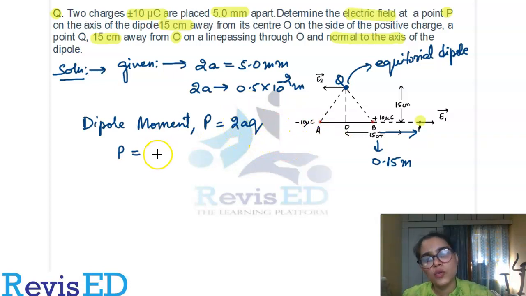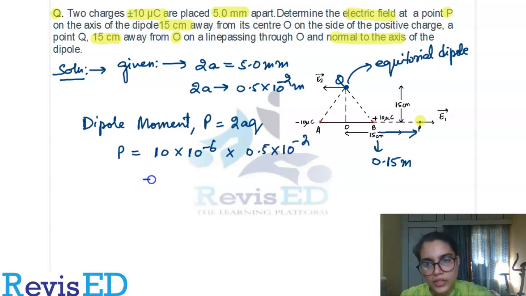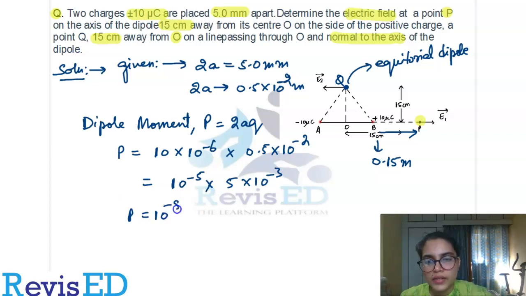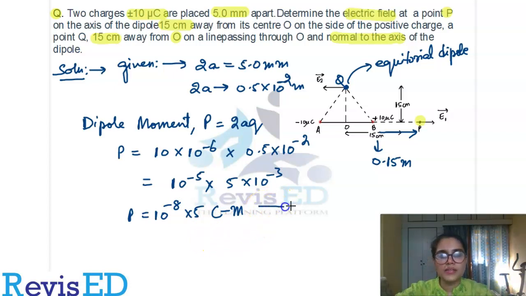So 10 microcoulomb means 10 into 10 to the power minus 6, and 2aq is 0.5 into 10 to the power minus 2, or 10 to the power minus 5 into 5 into 10 to the power minus 3. So the value of p is 5 into 10 to the power minus 8 coulomb meter. Mark this as equation number 1.